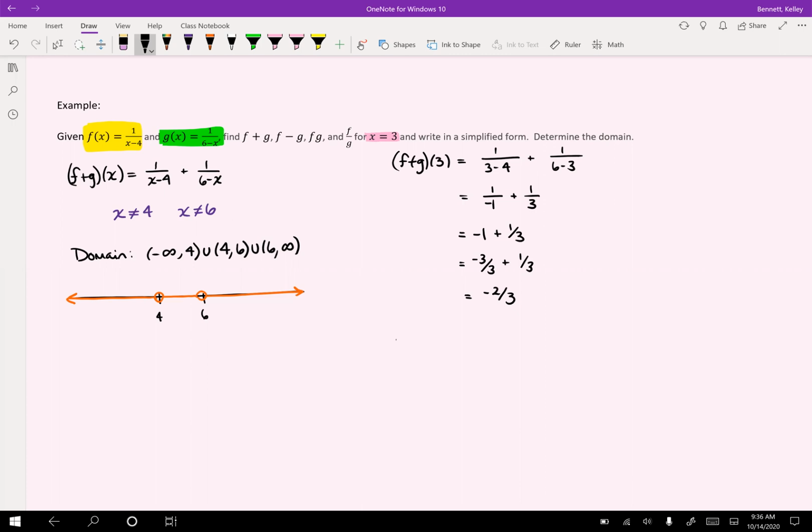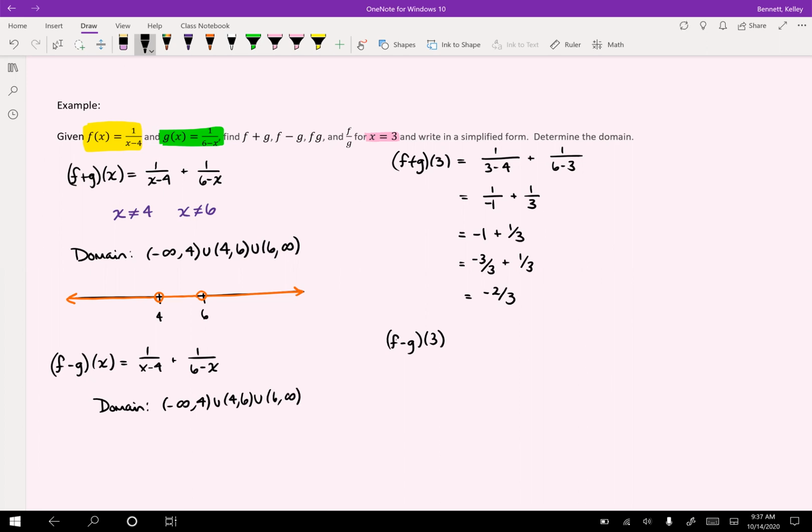All right, if I did f minus g of 3, right? So f minus g of x equals 1 over x minus 4 plus 1 over 6 minus x. Well, the domain is the same. We have the same issues here. I'm just going to copy down what we had from before.